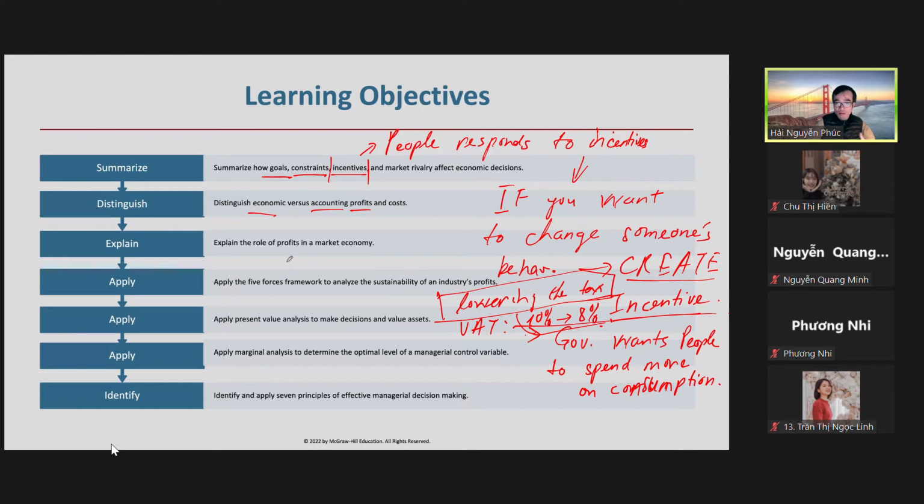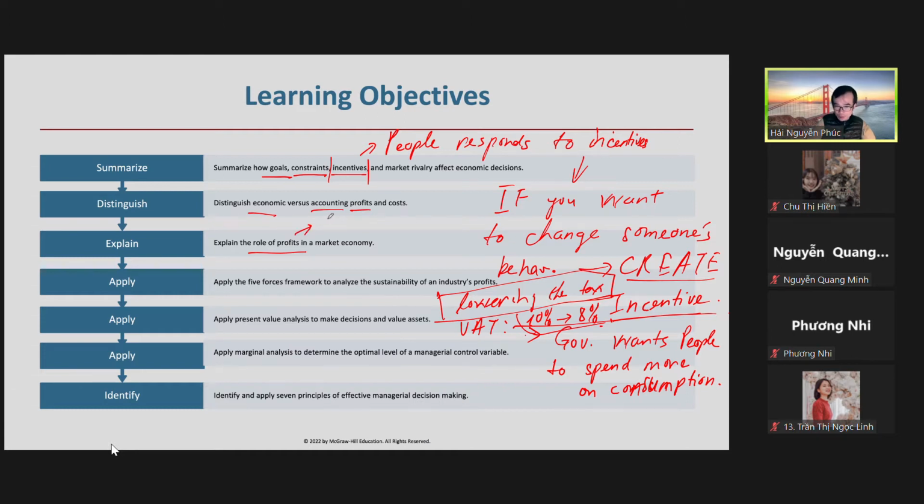The third goal, the third objective, is to discuss the role of profit in a market economy. We are going to discuss the following point.